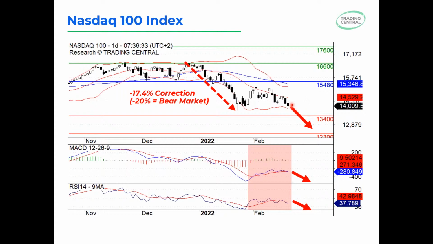The best setup is when price is about to cross above the 20-day, 50-day moving average, and at the same time, the 20-day moving average is also above the 50-day moving average. I hope this helps.